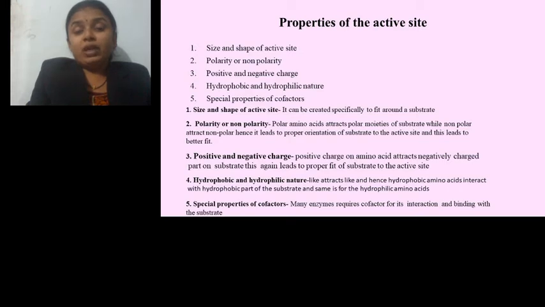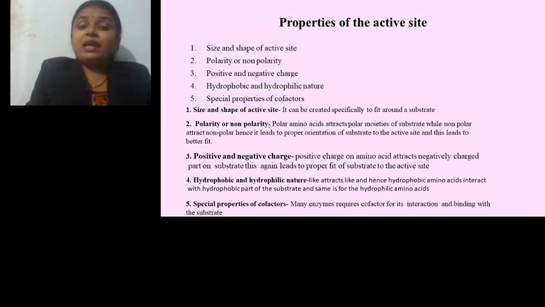A particular protein is folded in such a way that it can bind with a particular type of substrate, and hence the enzymes are very specific for their substrate. The microenvironment of the active site is formed in such a way that it can bind with only a particular type of substrate, and hence the size and shape of active site determine its activity with the substrate. And if the shape of active site is disturbed, then the enzyme is no more active.